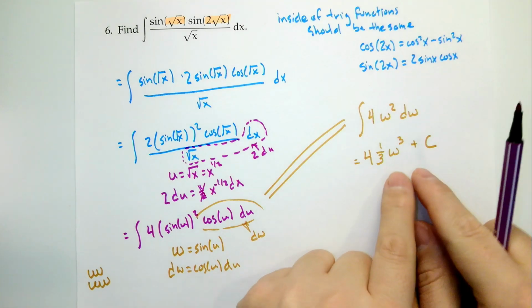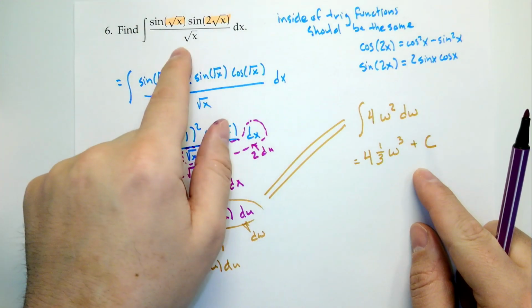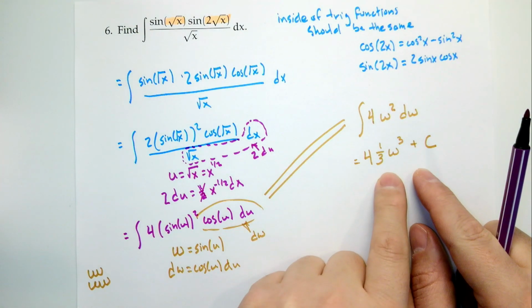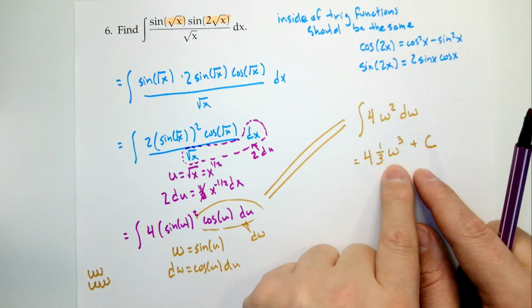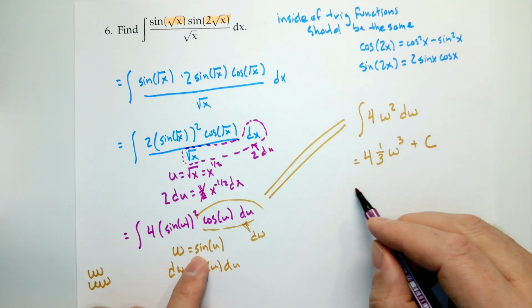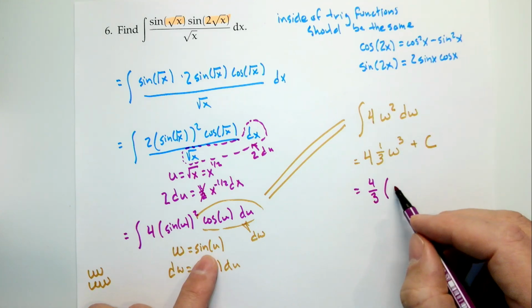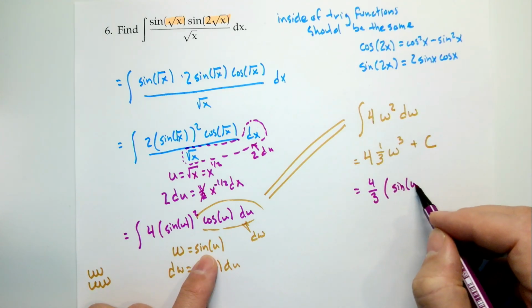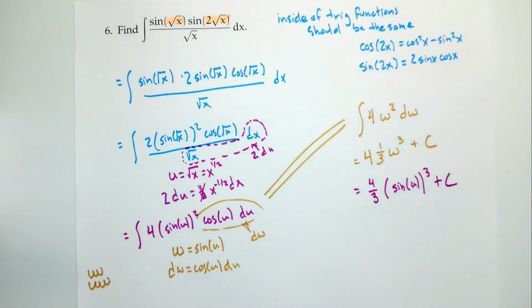The reason we're not done in terms of finding the answer is we started with something that involves x. We've got to end with something that involves x. But this is now where you trace your steps back. You say, well, what was w? Well, w was sine. So we get 4/3 and replace w by what it is, sine of u cubed plus c. Are we done?